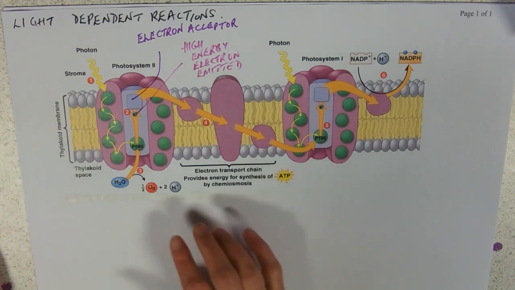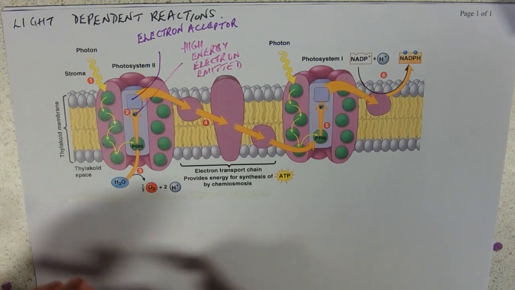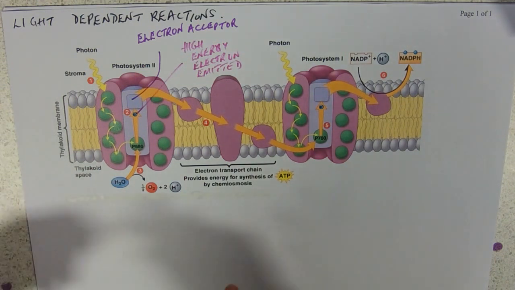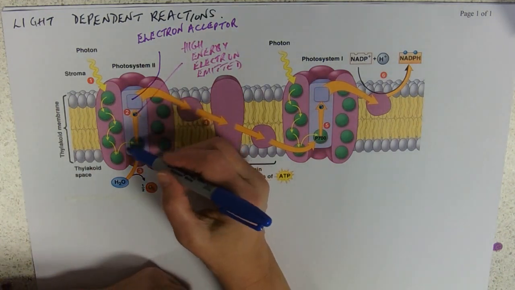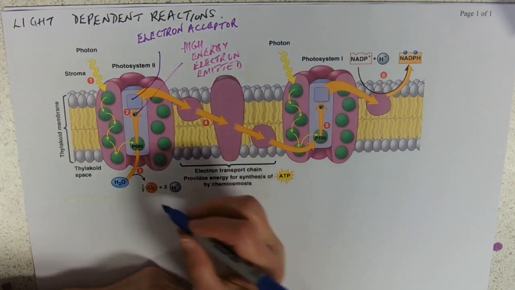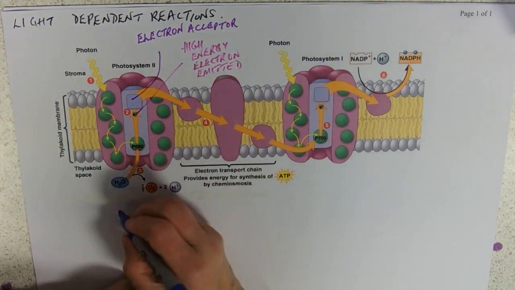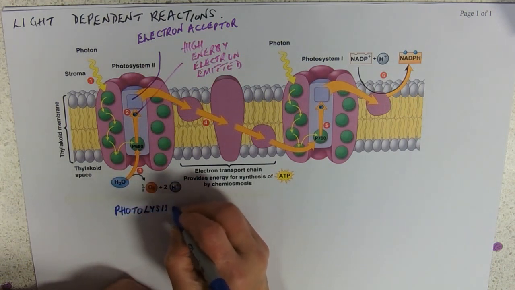So, just to deal with this bit underneath, I would normally deal with this at the end, but hey, it's got number 3 on it, let's deal with it now. This photosystem is going to be an electron short, and where it gets that electron from is a process called photolysis of water.